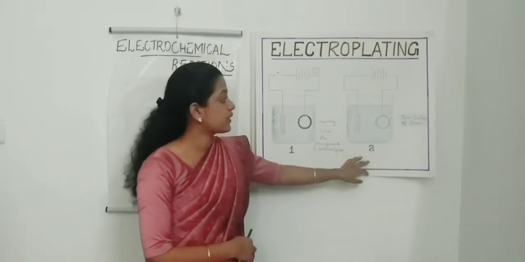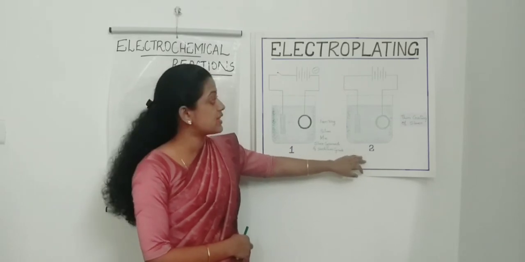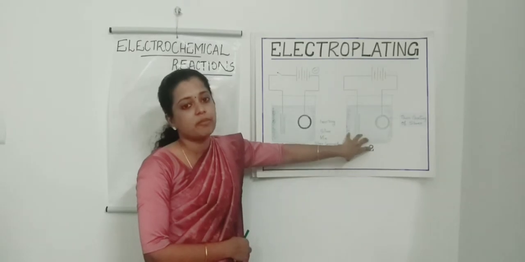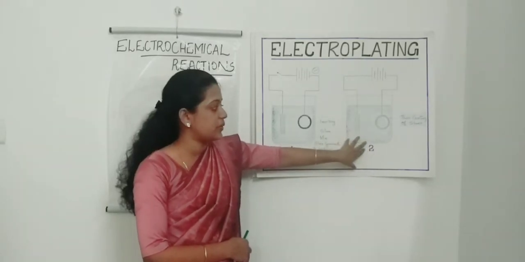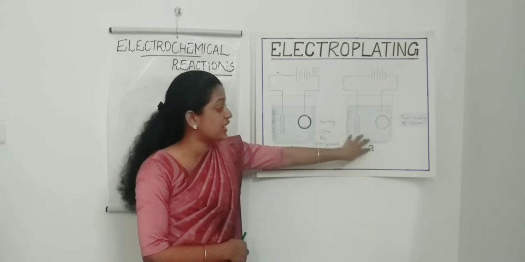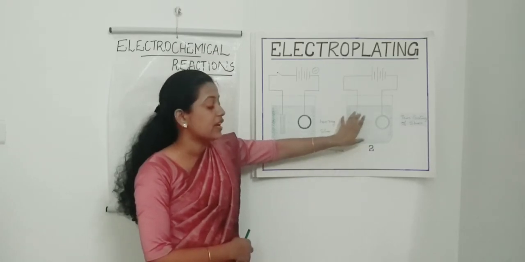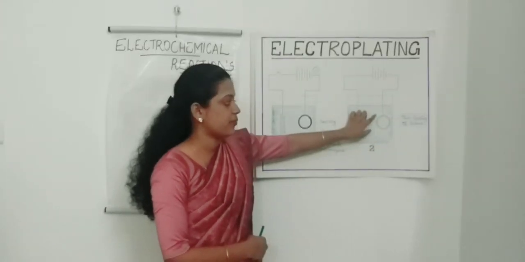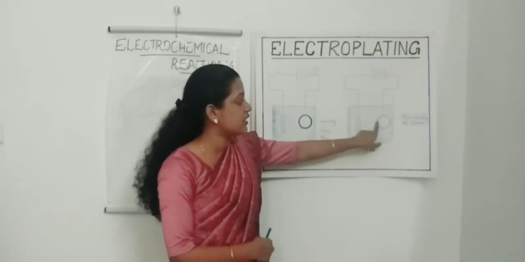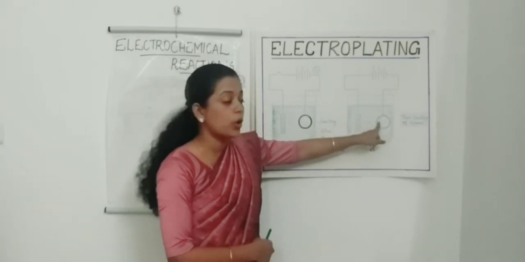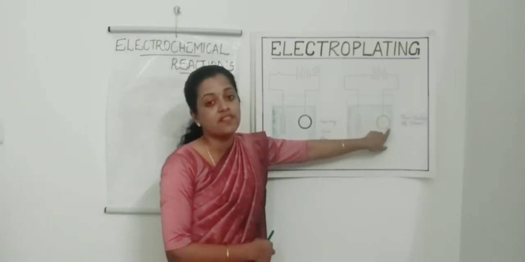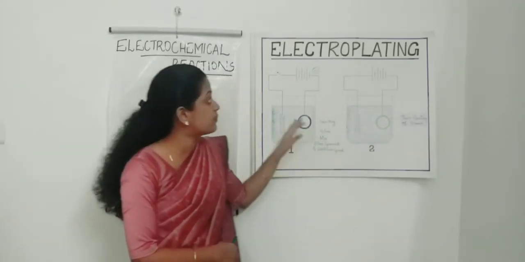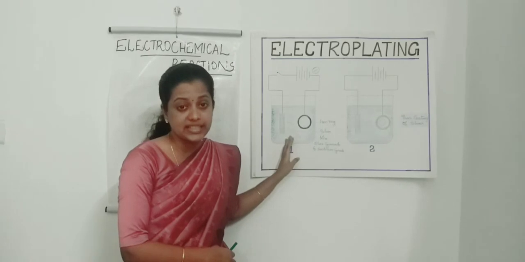Is that clear? Yes. So what happened is, when electricity was passed through this circuit, there was a chemical reaction, and as a result the silver gets deposited on the iron ring. The complete iron ring was coated with a thin layer of silver, and this process is called electroplating.